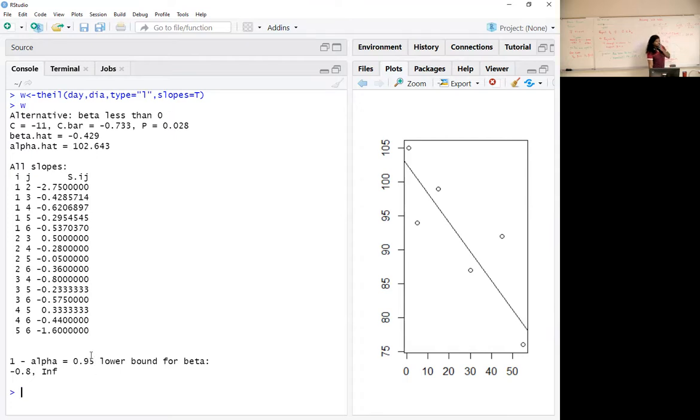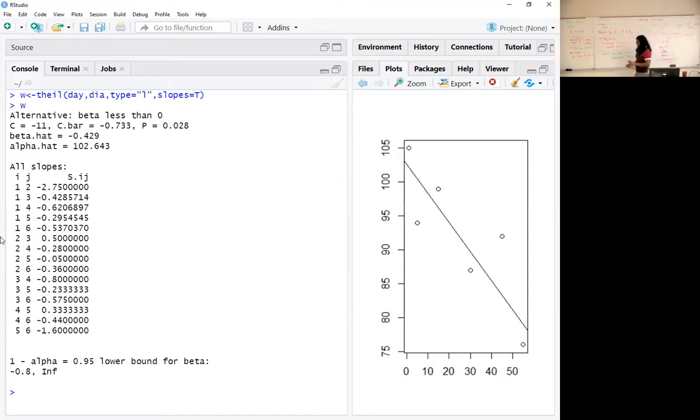We can simply find the estimate for beta by computing the median of those values. Why median? Because this is a non-parametric test. So we have the beta value.